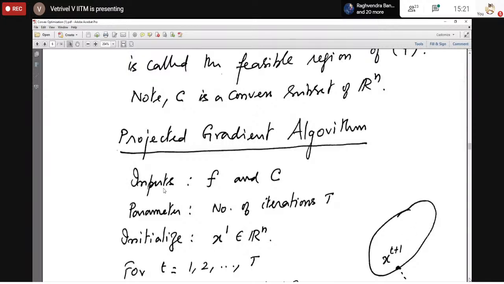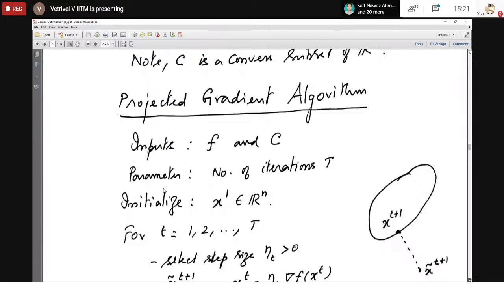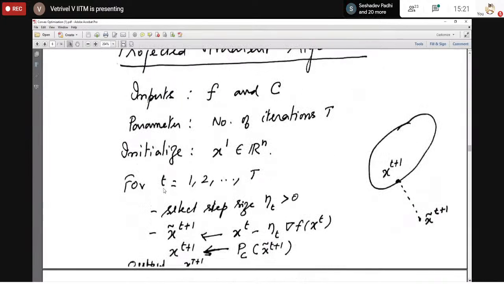If I fix the iteration, T iterations, and I select the step size eta T, generally we put eta T to be 1 by T. What I do is in between we compute one more point. I initialize the x1 point, and then x tilde T plus 1 is xt minus eta T times the usual gradient.